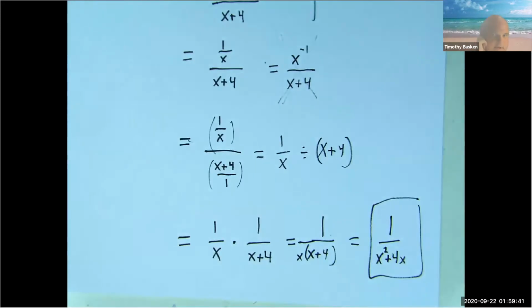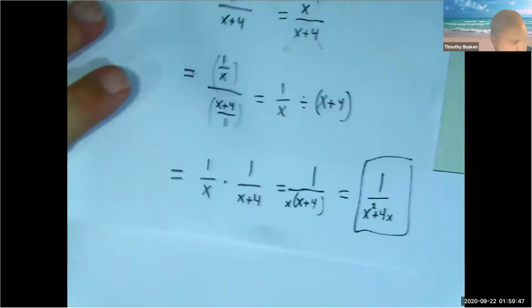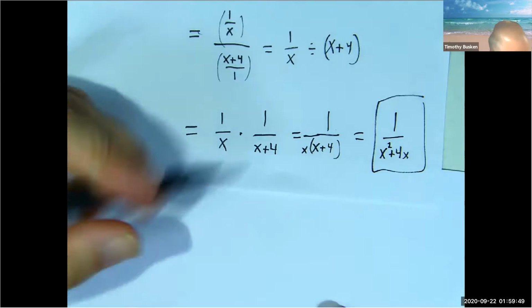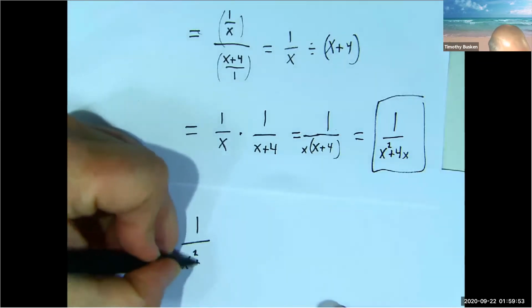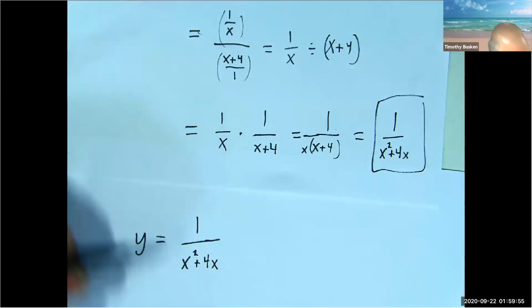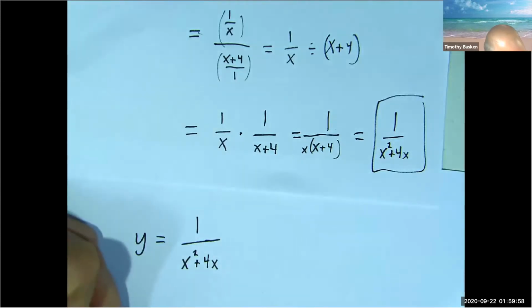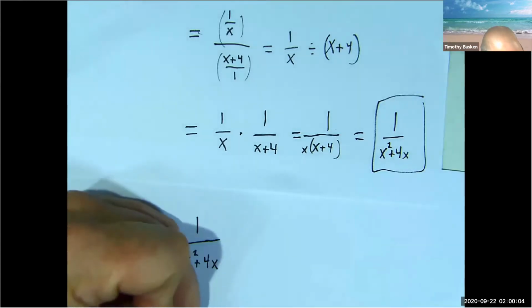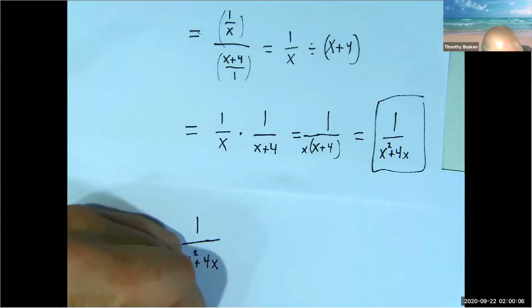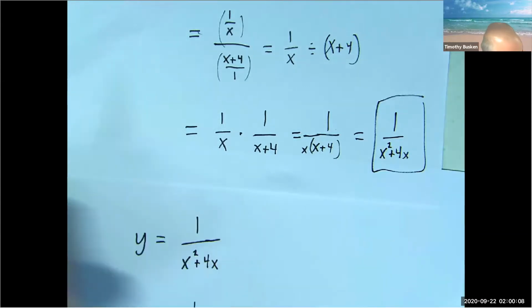And of course, we're not done because we're being asked to find the derivative. So let's go ahead and do that now. So y is equal to 1 over x squared plus 4x. Y prime, the derivative, that's just going to be equal to g times f prime minus f times g prime over g squared, right?